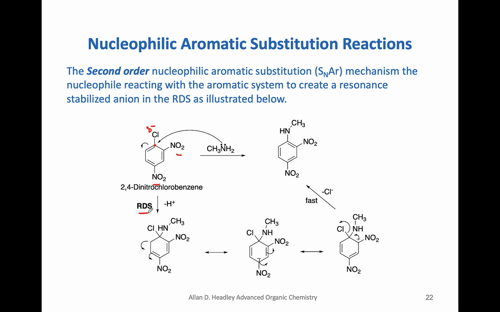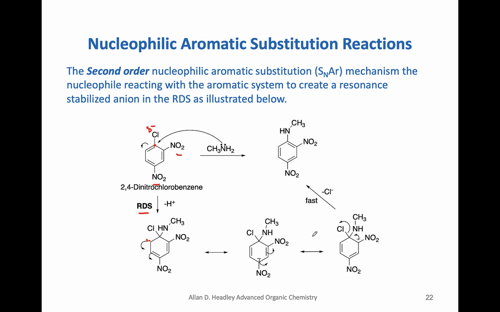So in the rate determining step, it reacts here and these electrons go onto this carbon. As you can see here, this is resonance stabilized within the ring.